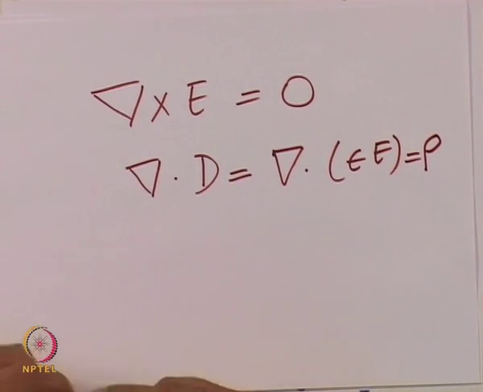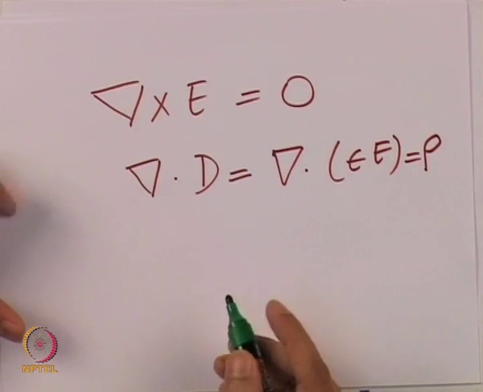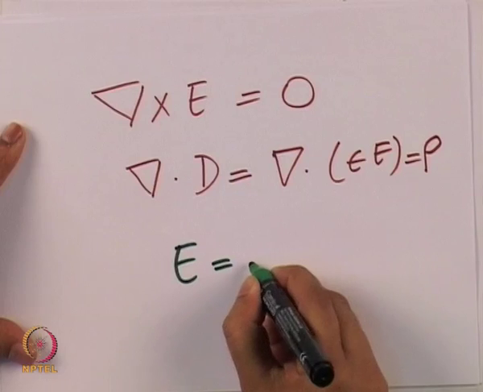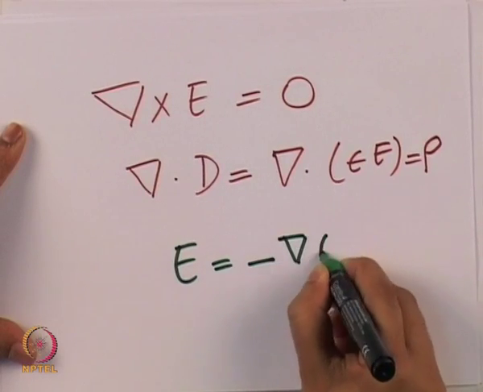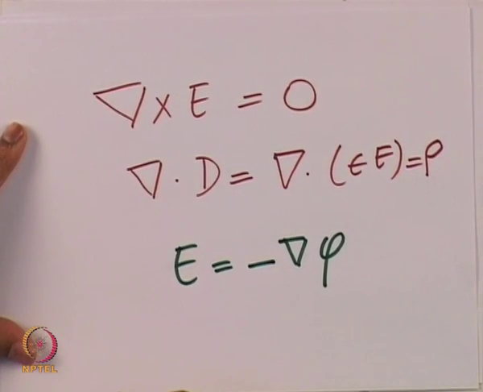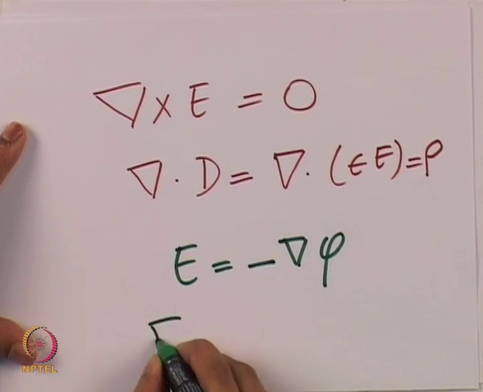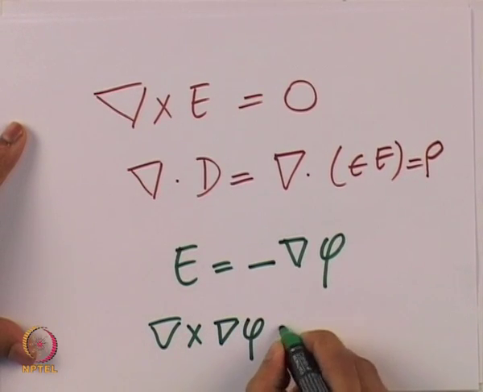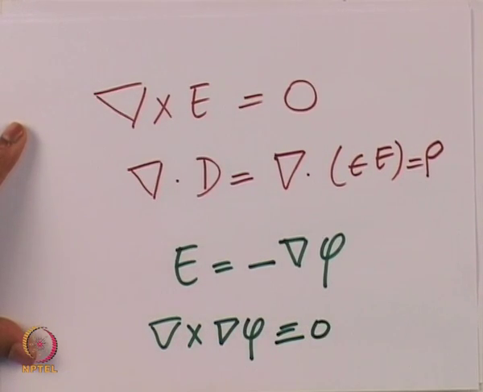For us, the first equation can be satisfied by representing the electric field as, let us say, E equal to minus gradient of the potential phi, because we have the vector identity that the curl of the gradient is equal to 0.